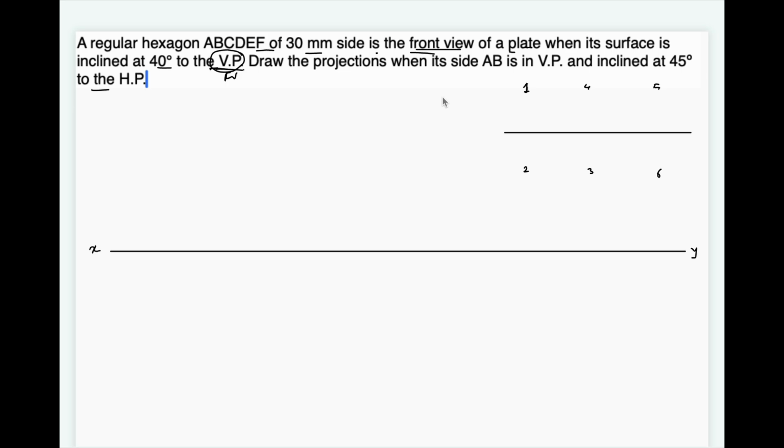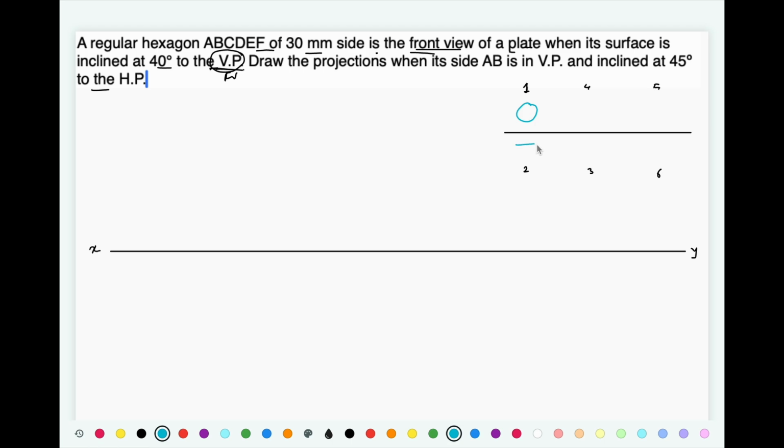Now here what they have given, ideally what we do, we draw something in step number 1. We draw its front view, top view, we make that top view inclined, we take projections from this front view and this top view, and we draw this front view. Then we rotate this front view, take projections from step number 3, and we complete this step number 6.